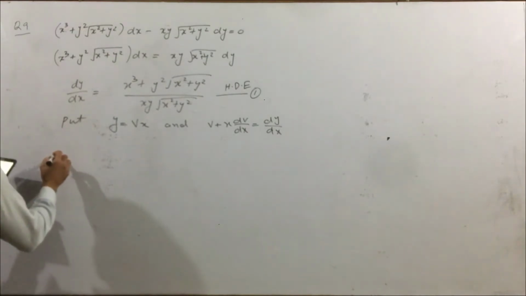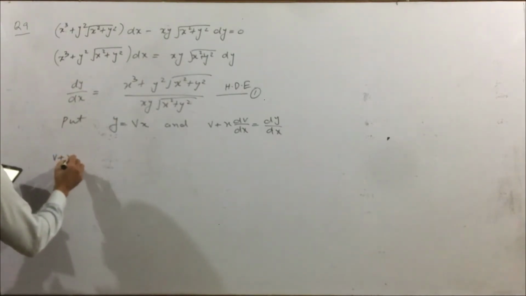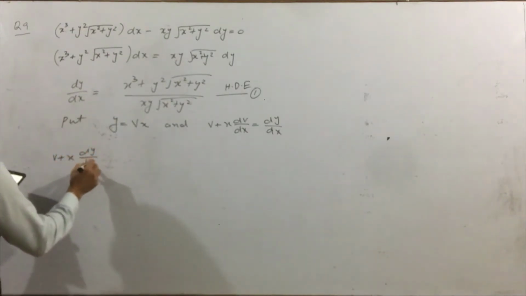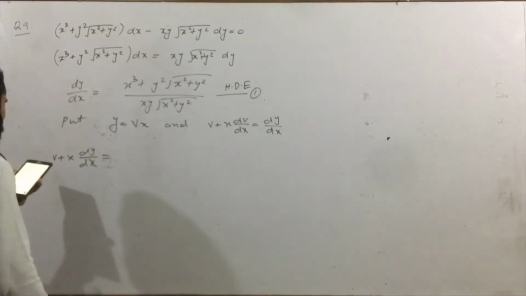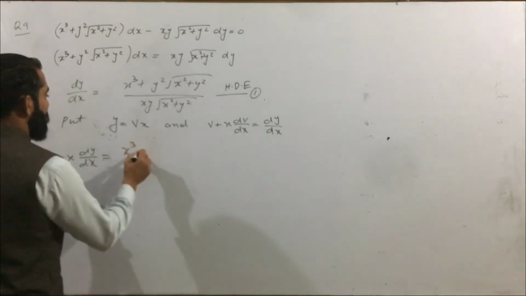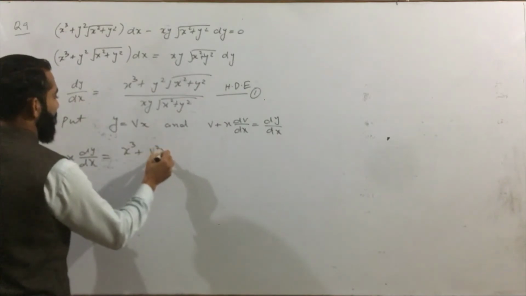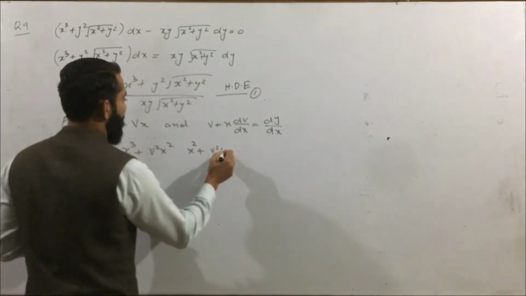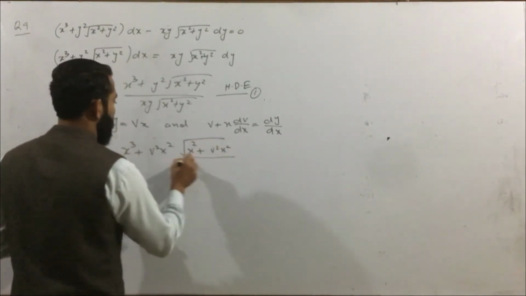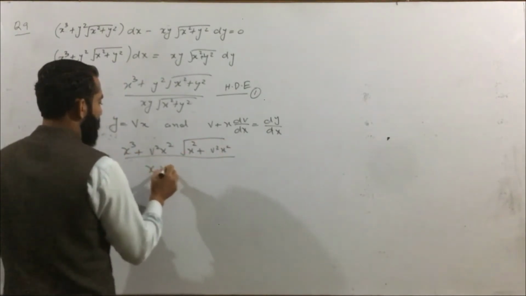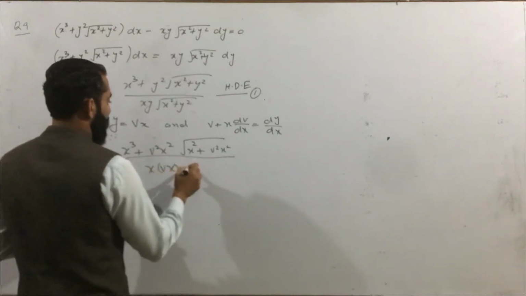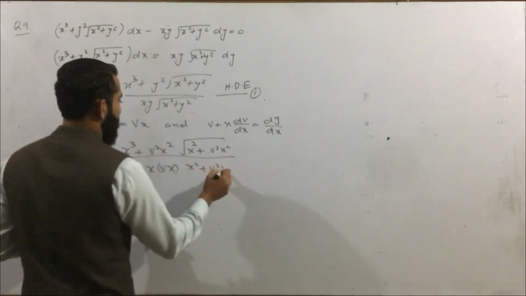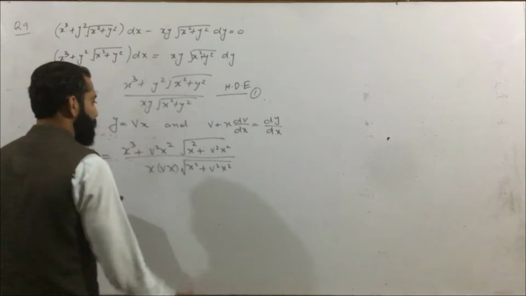Then equation 1 becomes v plus x dv over dx is equal to (x cube plus v square x square root of (x square plus v square x square)) divided by (x v x into square root of (x square plus v square x square)).